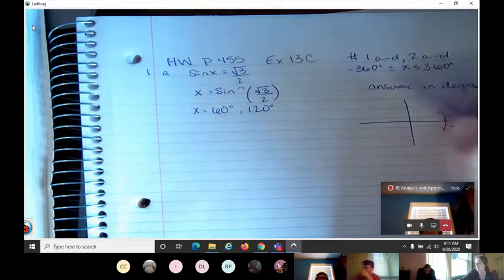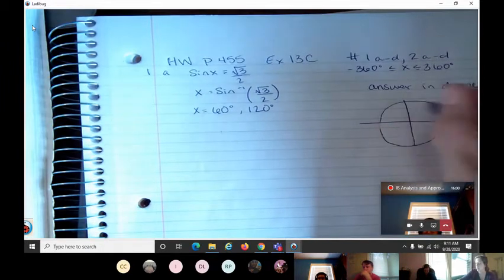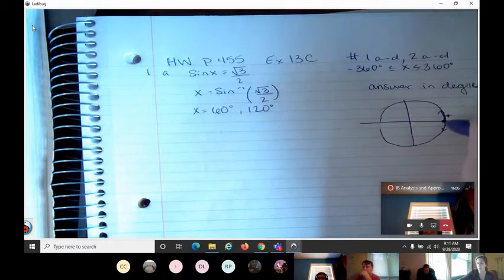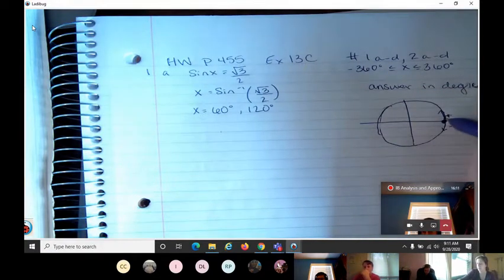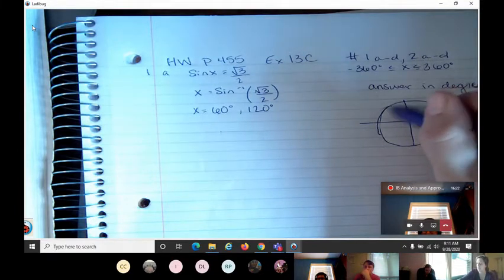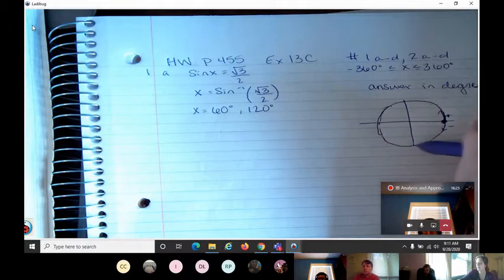So if we started at negative 360, that means we're at the angle that went all the way around clockwise to this point. So we're starting at this point. We have to remember that we went all the way around in this direction, right? So as we go in the correct direction from negative 360, we're going to hit negative 270, negative 180, negative 90, and then go back to 0, right?